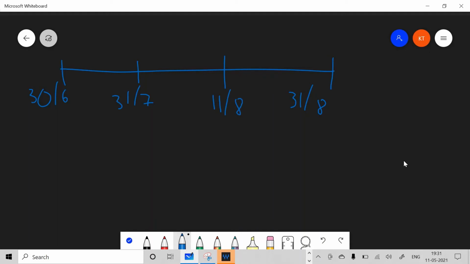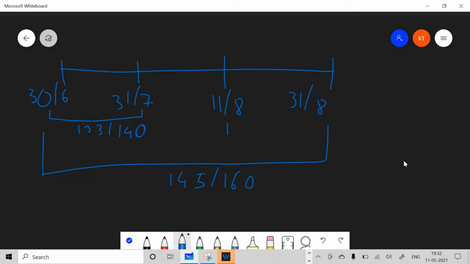So what they have given is from the spot till 31st of July, the premium swap points are 133 to 140, and from 30th of June till 31st of August, the swap points are 145 to 160. Now we need to find the rate till 11th of August.